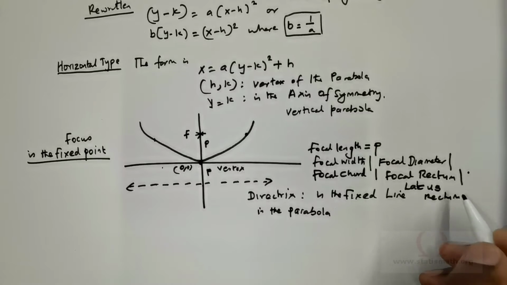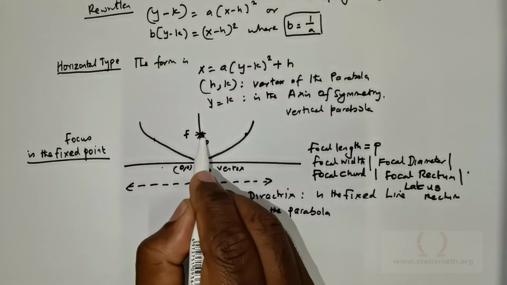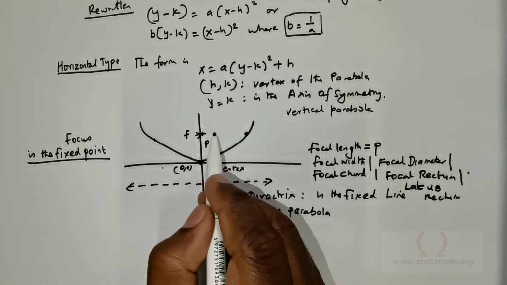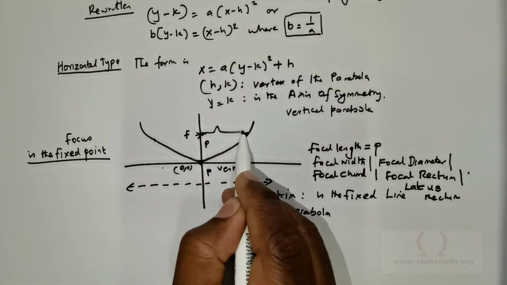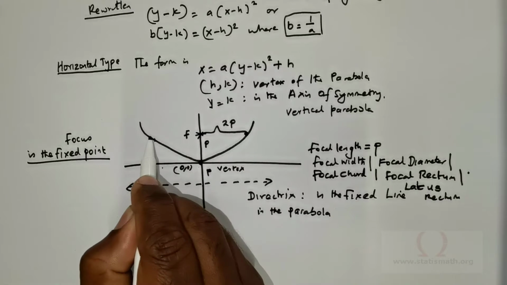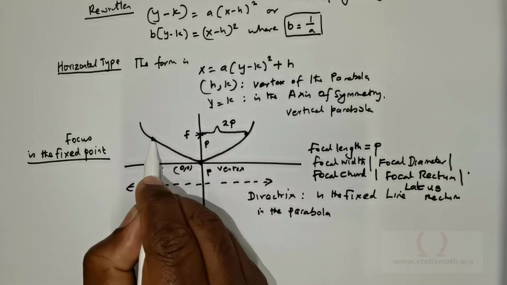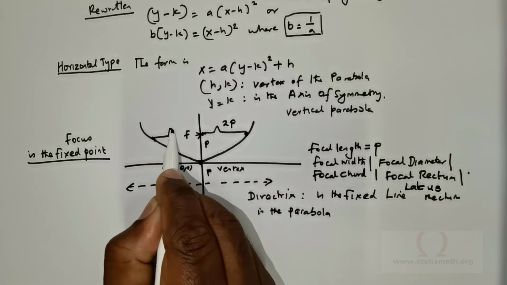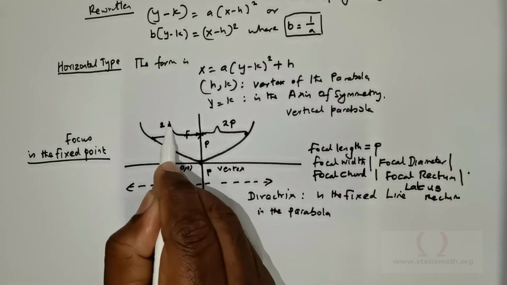Okay. And in this case, the distance between F and any point over here is going to be 2p, and similarly the distance between F and a point on the other side of the parabola is also going to be 2p.